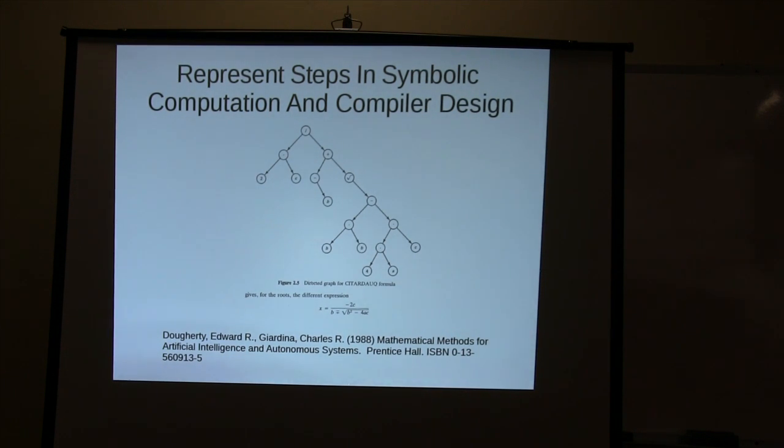It's useful in symbolic computing and in compiler design, because if you write something out in algebraic form in your source code, your compiler is going to have to break it down. And so one of the ways that we do that is with a graph.